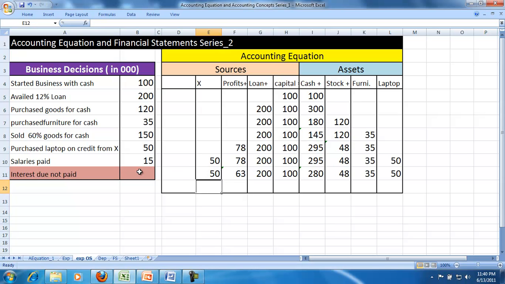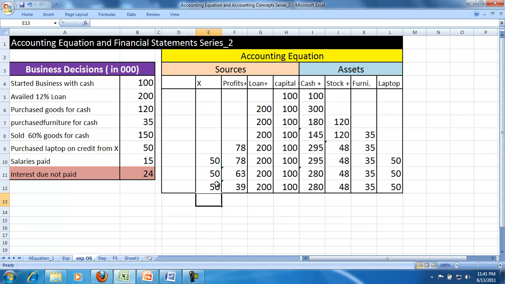But now let us say that I don't want to pay interest. In the previous case I paid. If I don't pay the interest, there will be no change in the cash, stock, furniture or laptop. However, something will happen on the sources side, because though you have not paid, because of the accrual concept and matching concept, I'm bound to show the salary and interest as an expense.